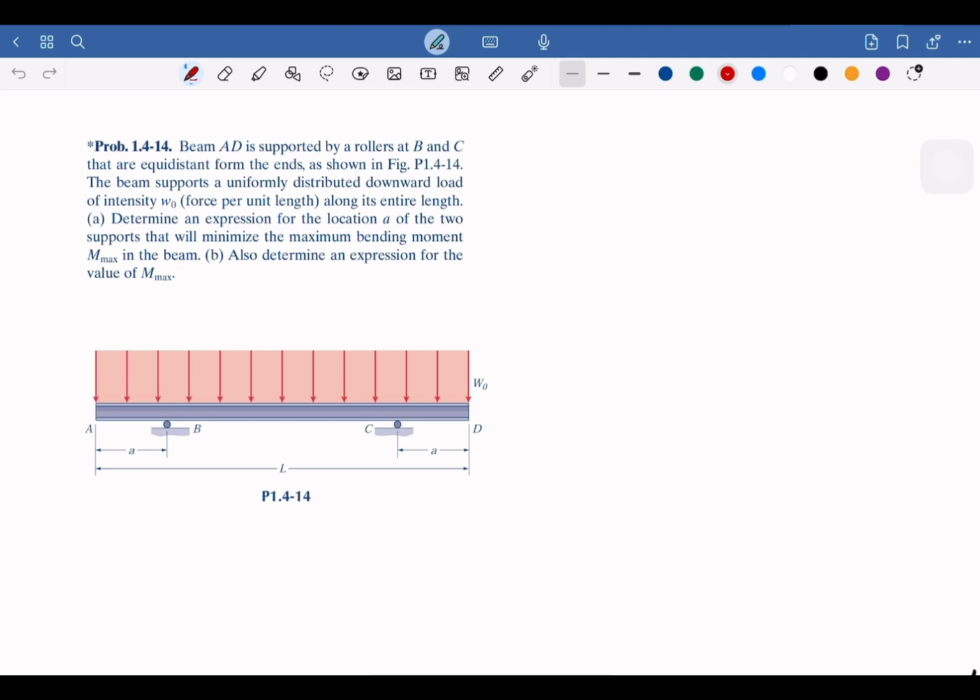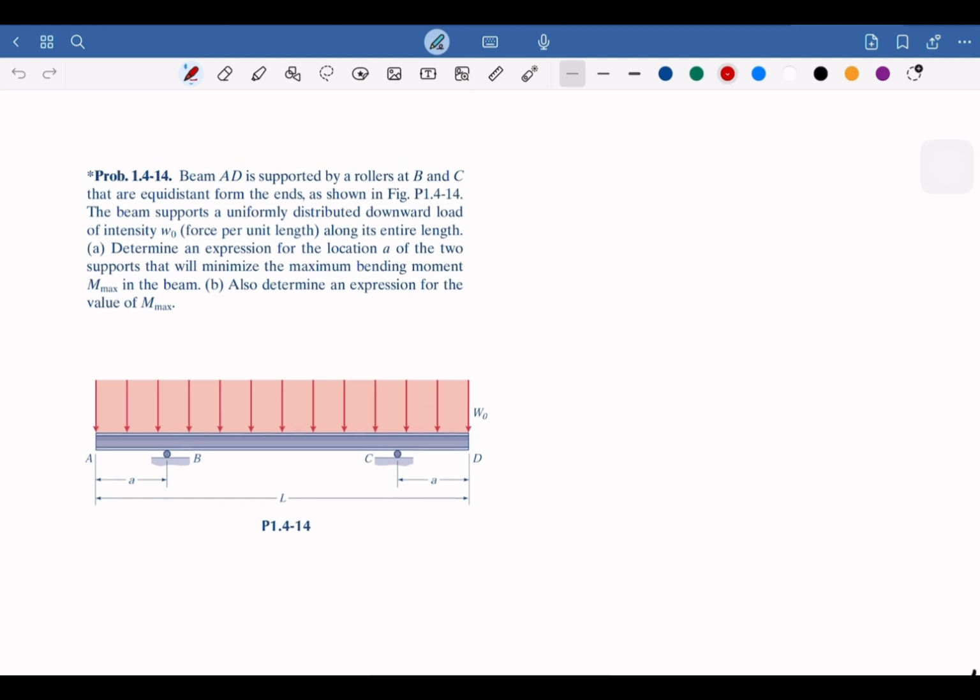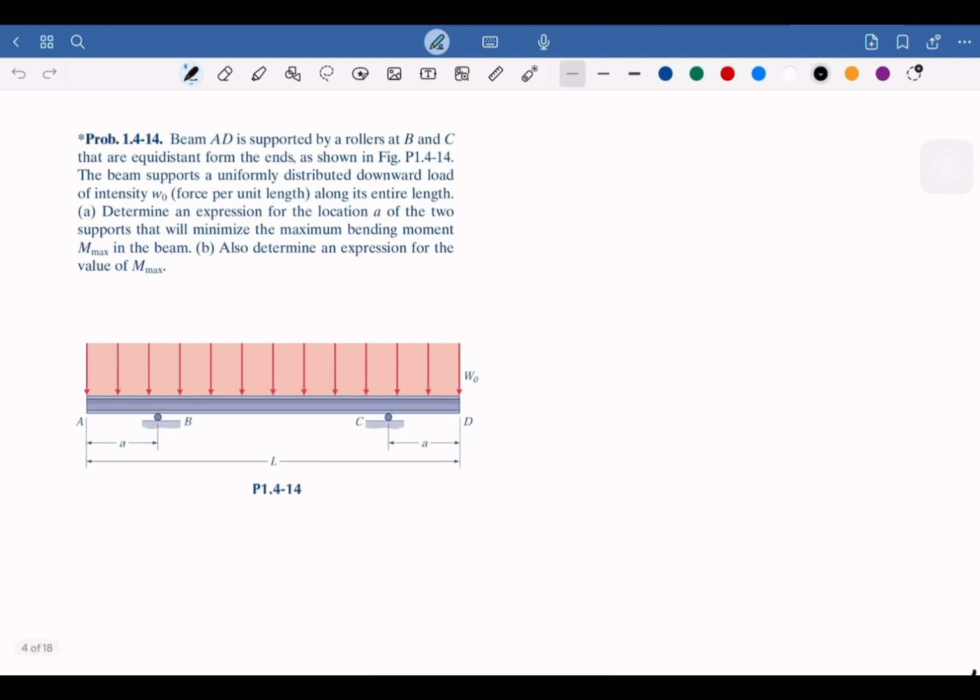So this is supposed to be having a distributed load. To understand this, let's say we take the bar. We have the W here.